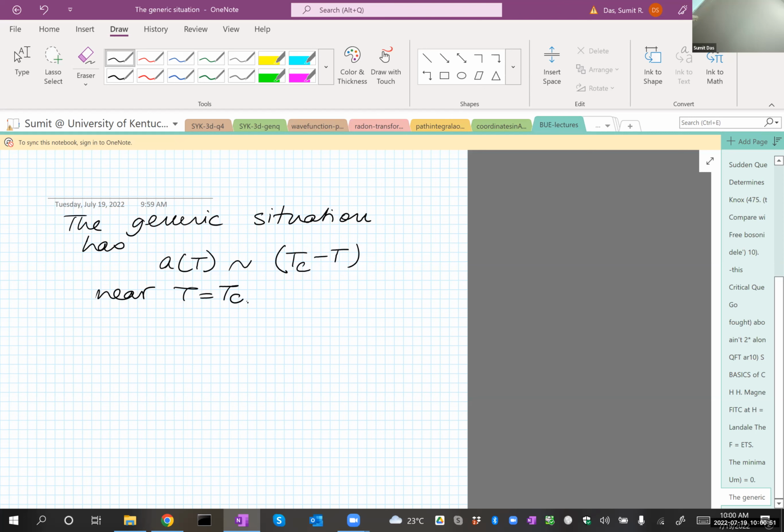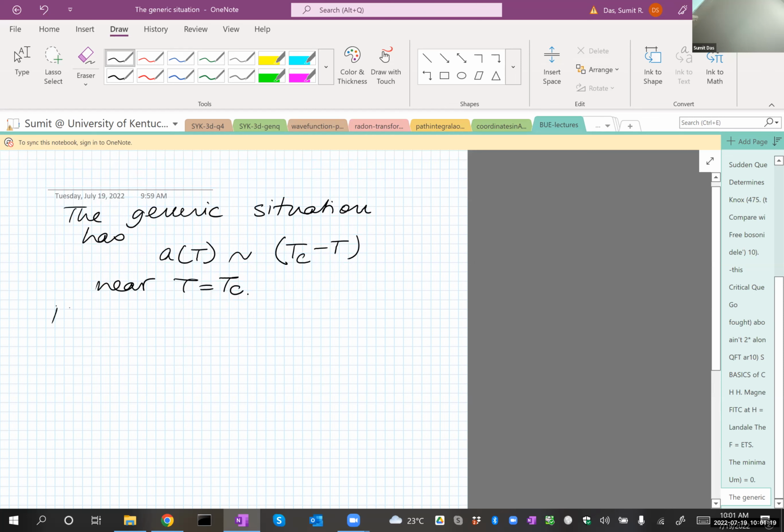And generically, all the coefficients will be non-zero. It will take a bit of fine-tuning to ensure that the coefficient, for example, of the linear term is 0. And those are special cases which I'll not deal with. If I just pick a function at random, near t equal to tc it will be linear in t minus tc.